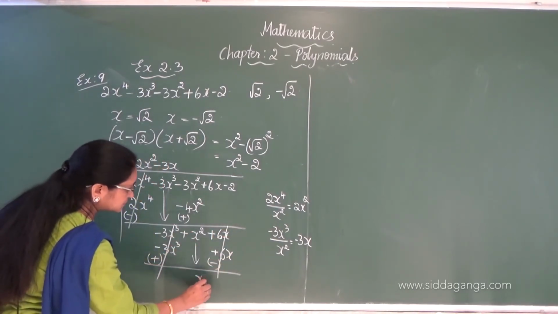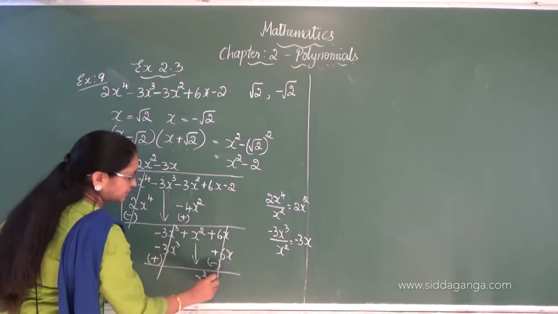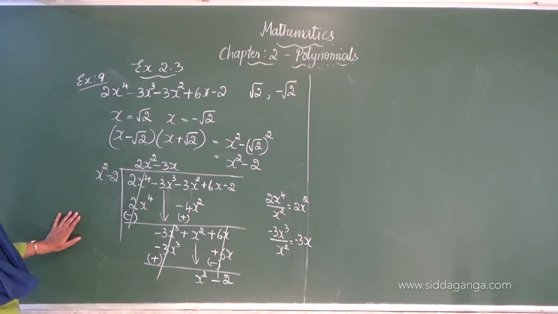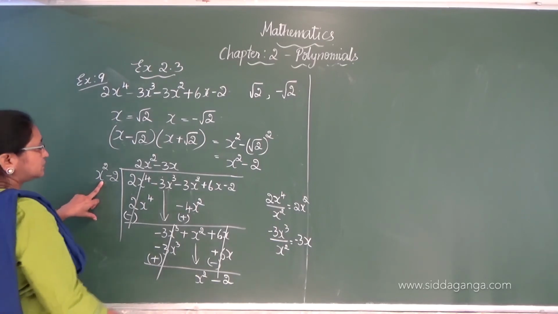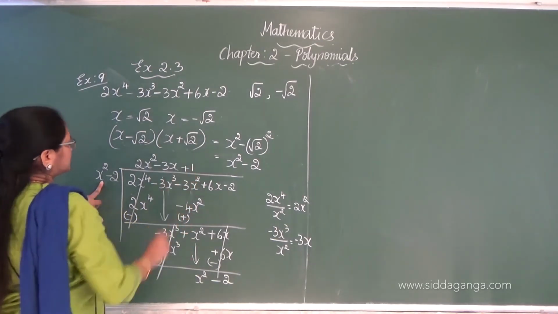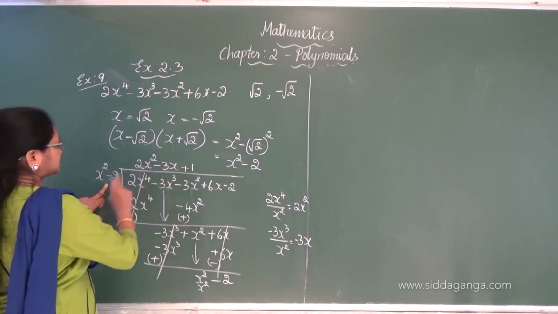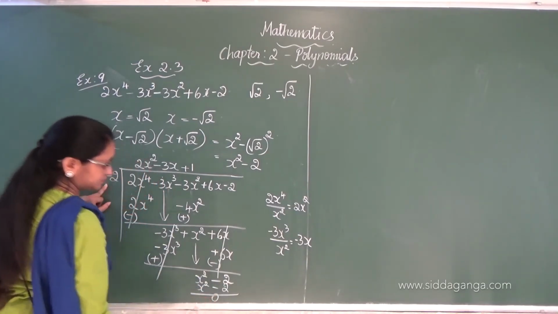What remains? x square. Now what is left here? x square minus 2, x square minus 2. Now here x square minus 2 is there, so definitely it is 1. So x square, plus into minus, minus 2. Now you will get 0.